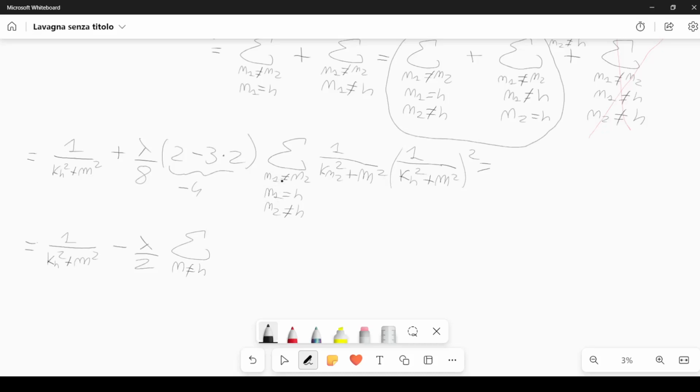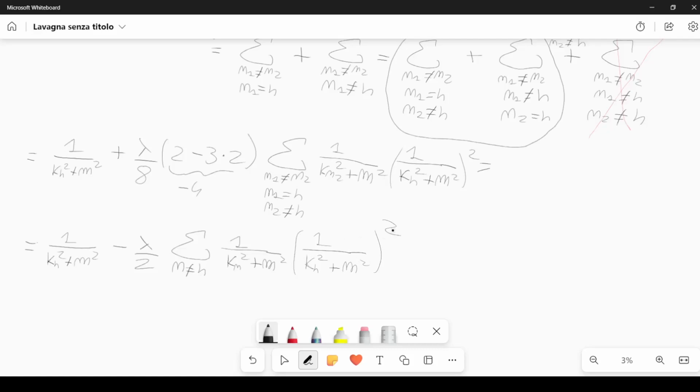We can write h since they are the same, and then we know that n2 should not be equal to h. So in this case we are going to write n instead of n2. So this is how we can write it: 1 over k n squared plus m squared, 1 over k h squared plus m squared, squared.